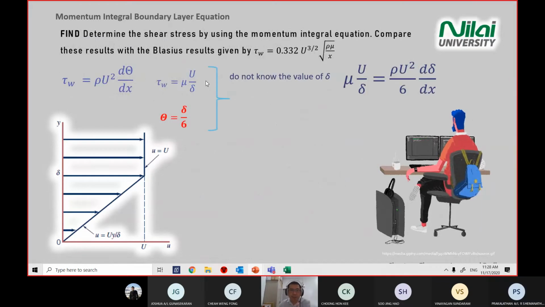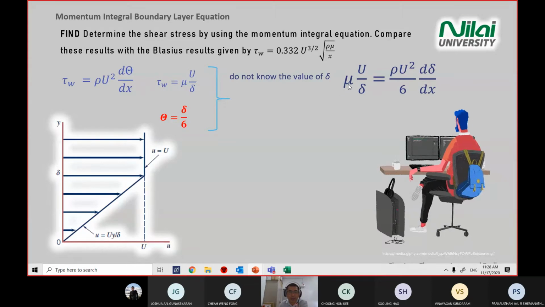So we combine these three equations, because we do not know the delta. We don't know this thickness value. So we combine everything that we know together, because here you define the shear stress. So on the left hand side of the equation, you substitute with this one.